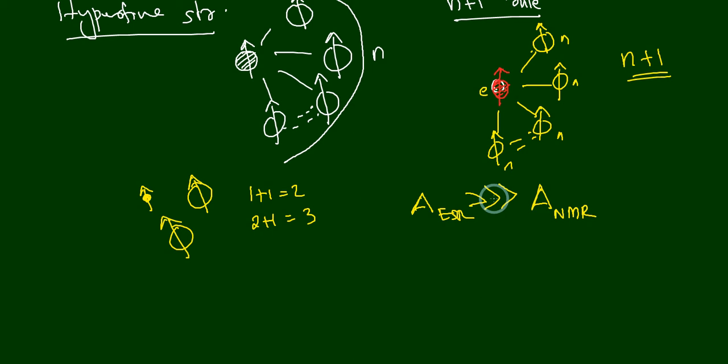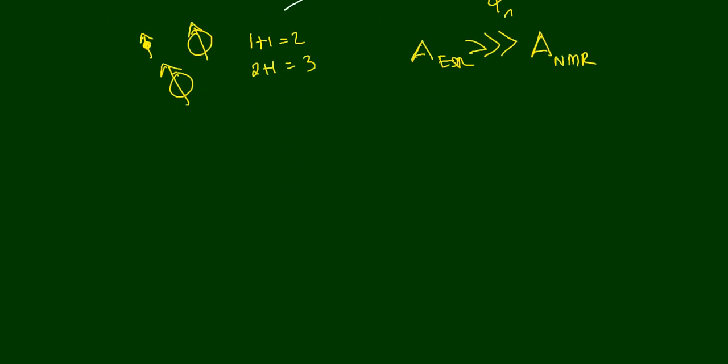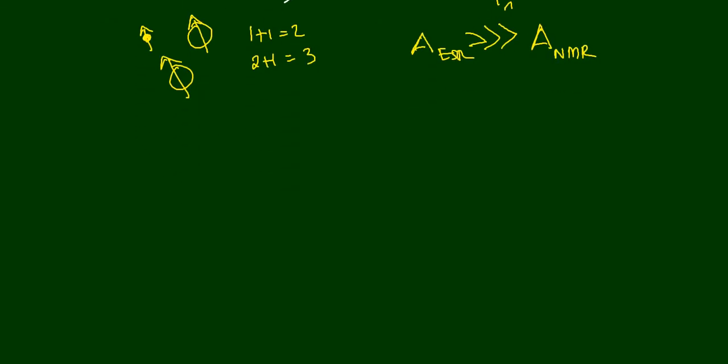There are some reasons behind why the ESR coupling, or the hyperfine structure coupling constant, is much larger when compared to the coupling constant observed in the NMR spectrum. We will examine these reasons. One reason is that in the case of ESR spectrum, the electron can approach the nucleus much more closely.